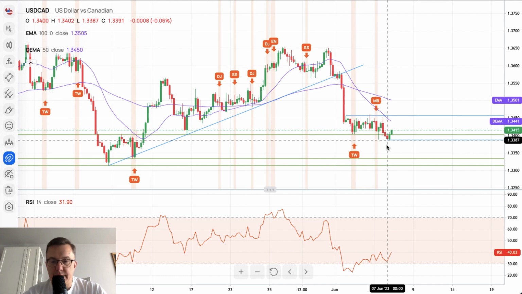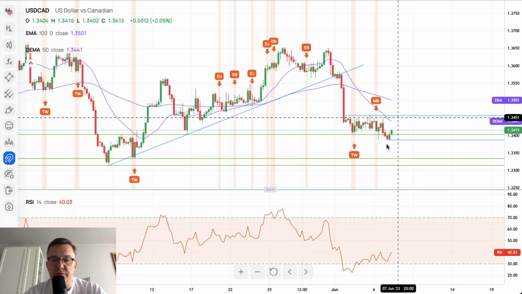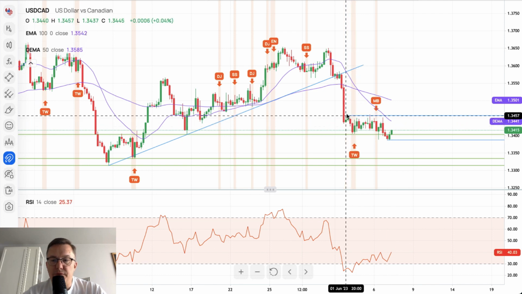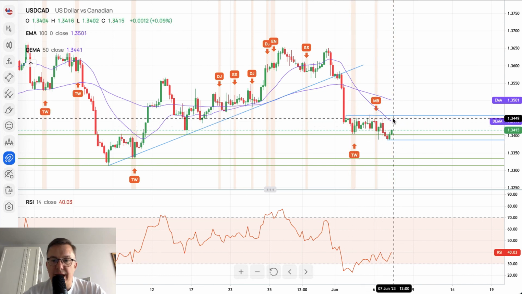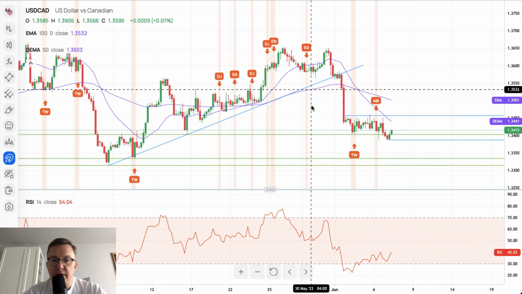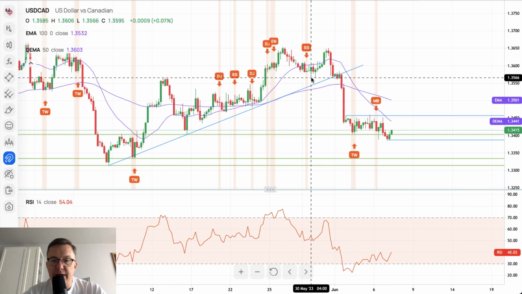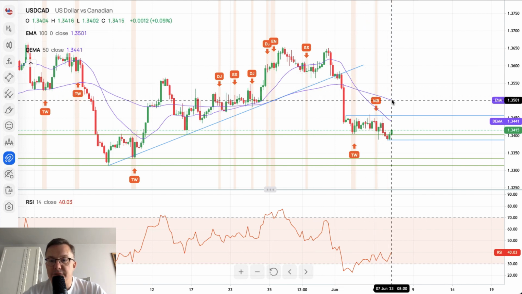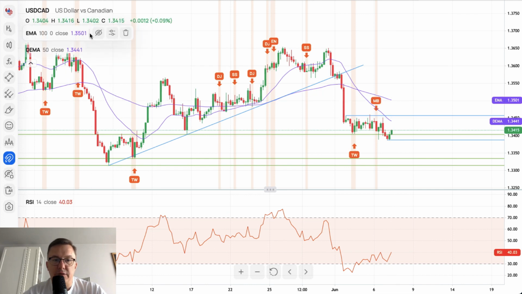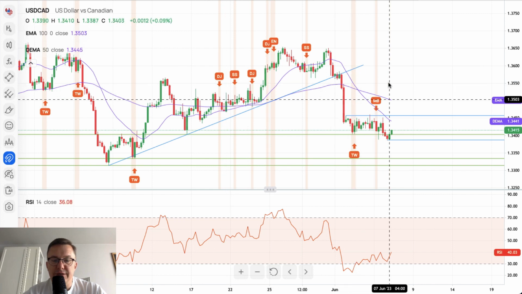So that's the clear bullish divergence, which might produce some sort of bounce towards 1.3457 or even higher towards the other technical resistance level, which is located apparently at 1.3566, but then of course there is the 100 periods moving average at 1.3501. So that's the situation on the US dollar to the Canadian dollar.